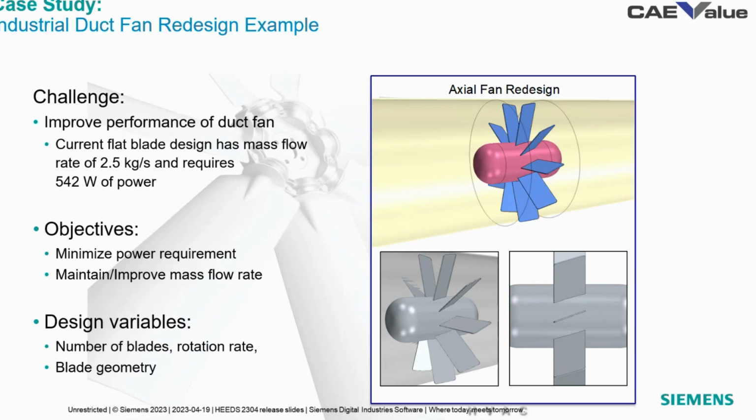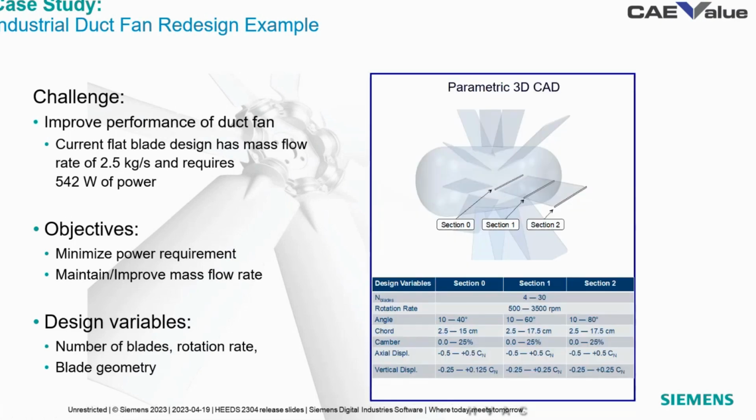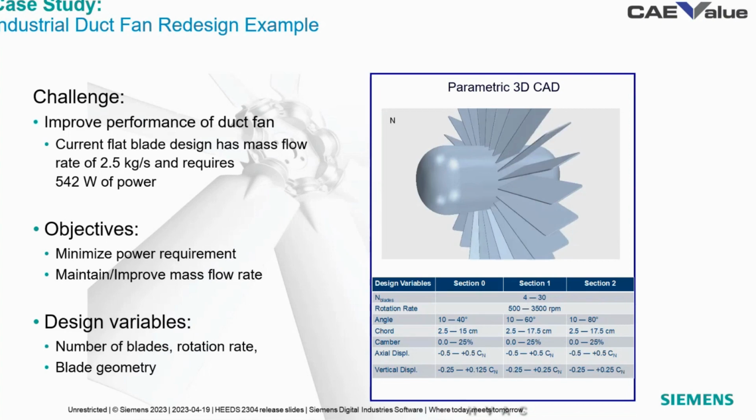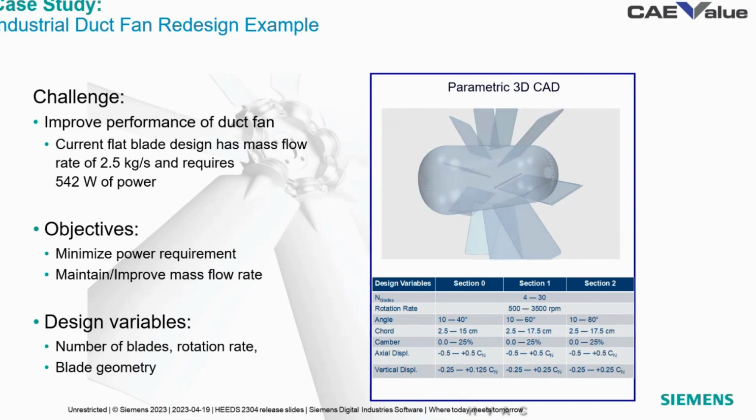All right, so let's take a look at the different type of variables we have in this problem. N was the number of blades here, and you can see how all these different design variables affect the design of the fan.